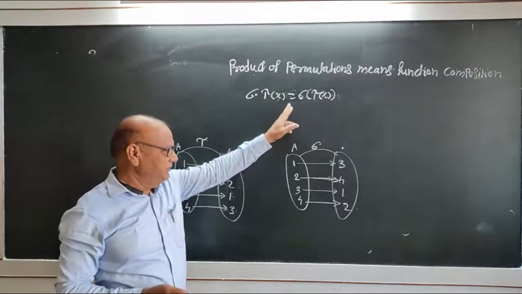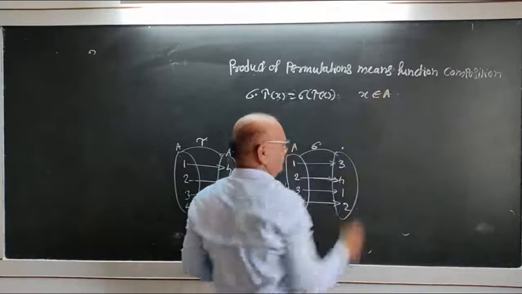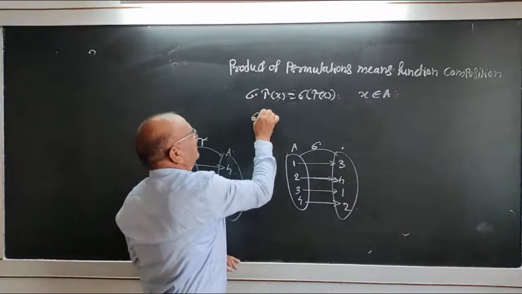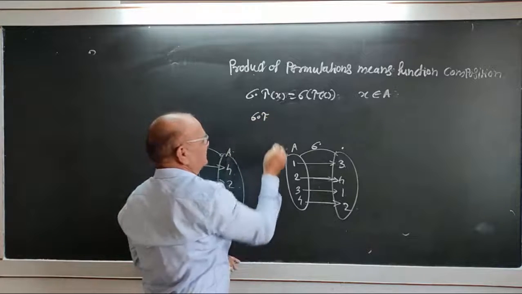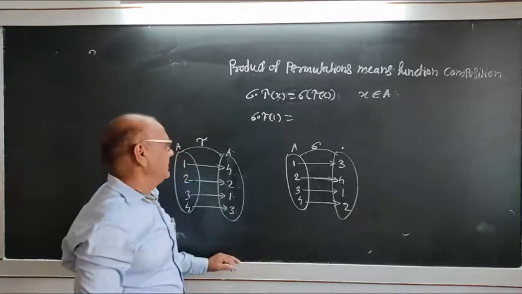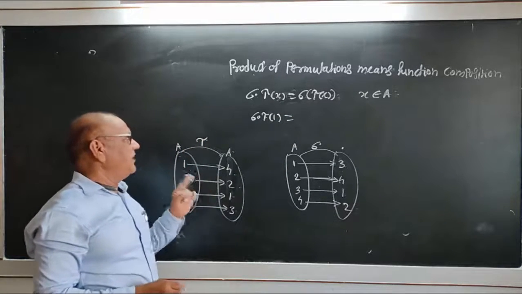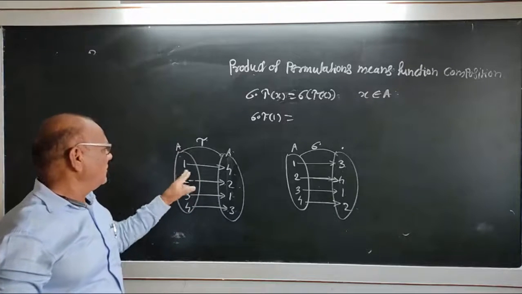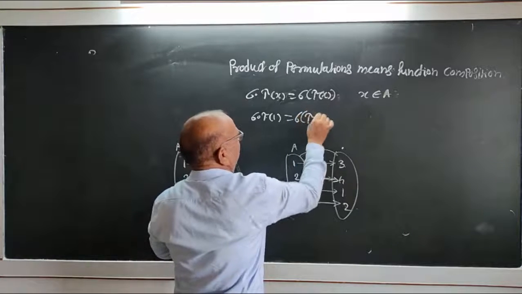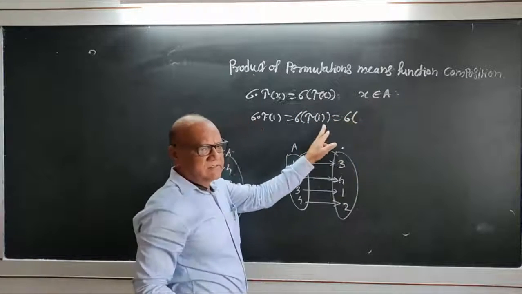Here sigma tau of 1 is equal to sigma of the image of 1 under tau.